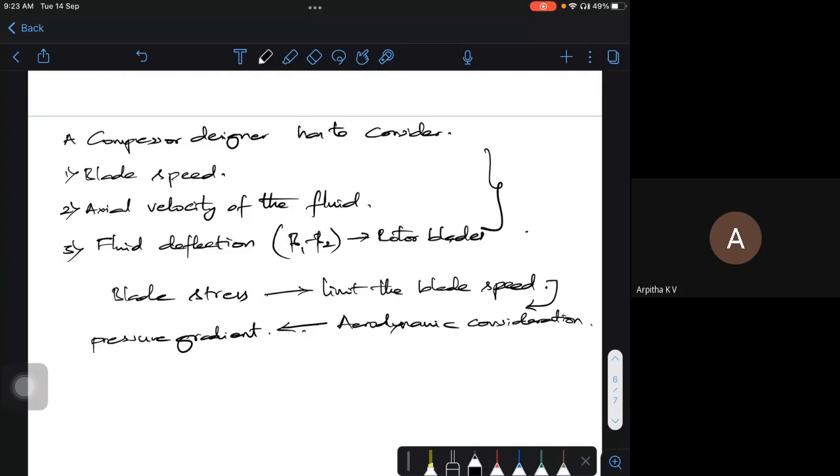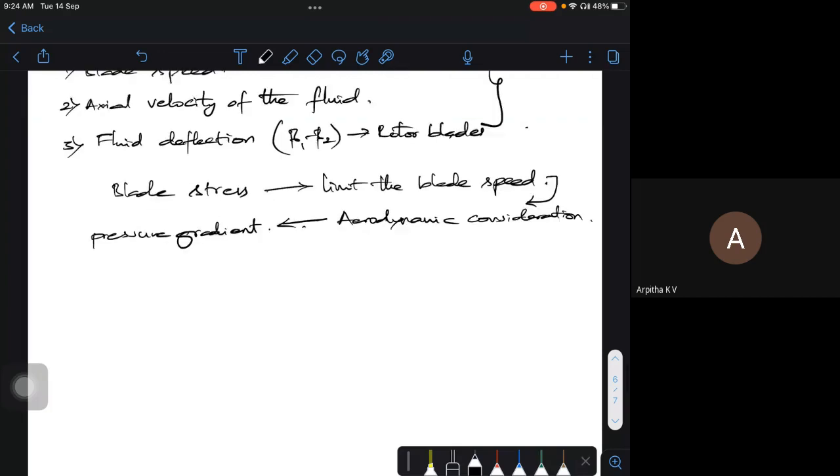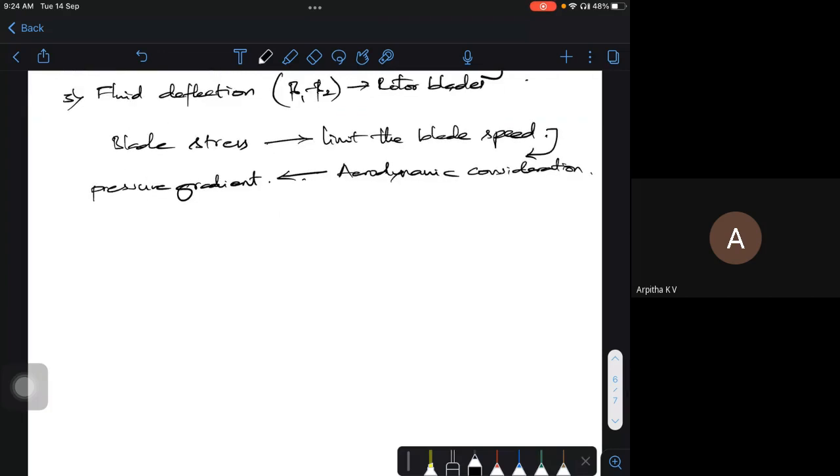Now, as I told, blade speed. The centrifugal stresses in the rotor blade depend on the rotational speed. You know this: U is equal to pi d n by 60. If this U value increases like anything, it will have an impact on your n also.